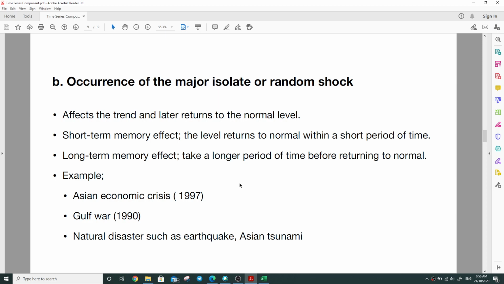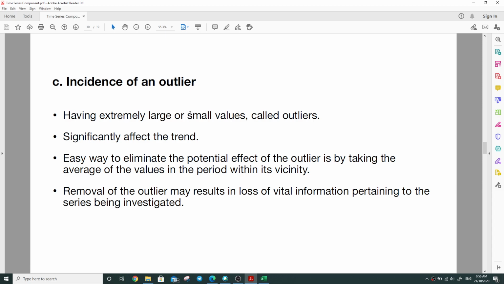Because we ask how much the past historical data contributes to those particular effects. For example, events such as economic crisis, war, and natural disaster. And we have incident of an outlier, having extremely large or small values.